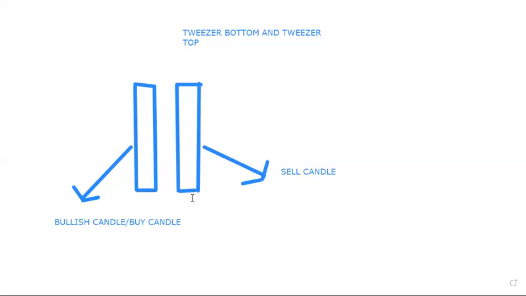The first candle is a sell candle that shows the sellers were still in the market.